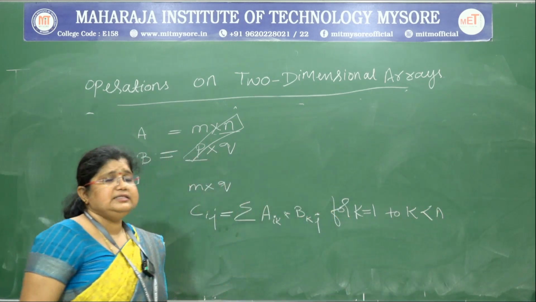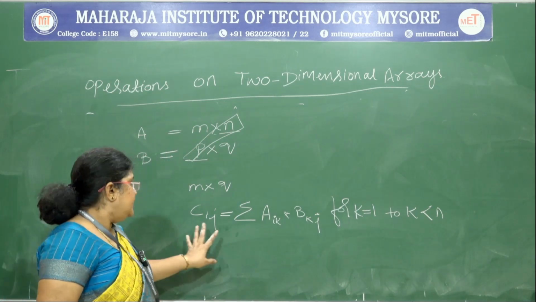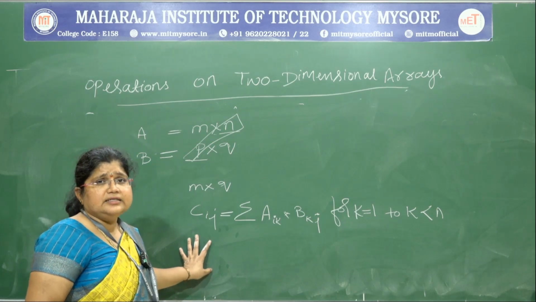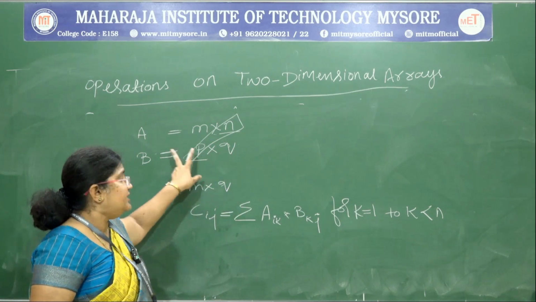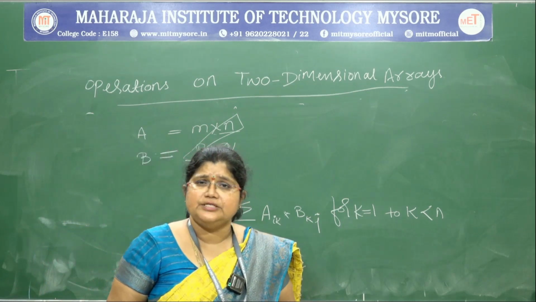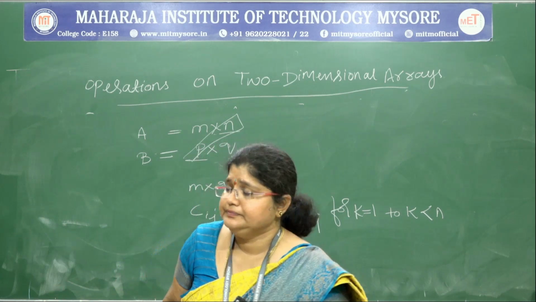This is the formula to obtain the entire matrix C of Ij, that is the product of two matrices A and B. So these are all the operations which we can perform on the two-dimensional array.